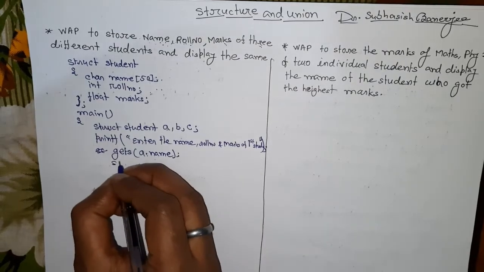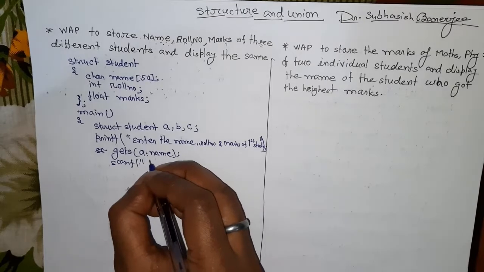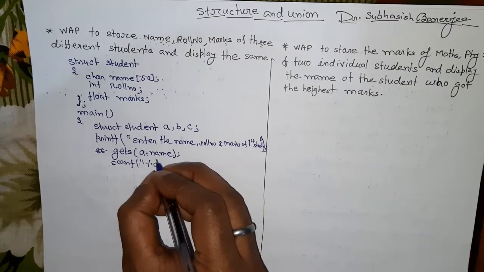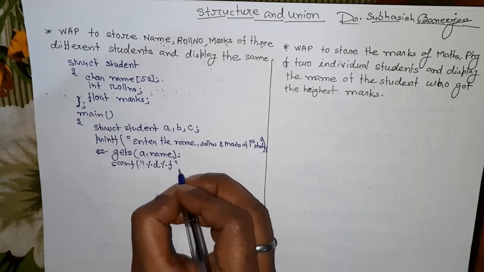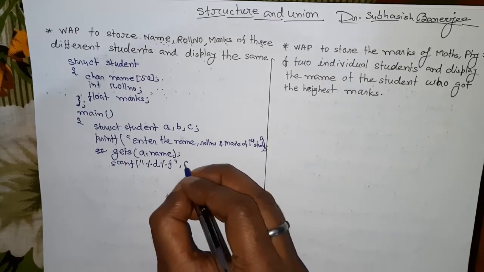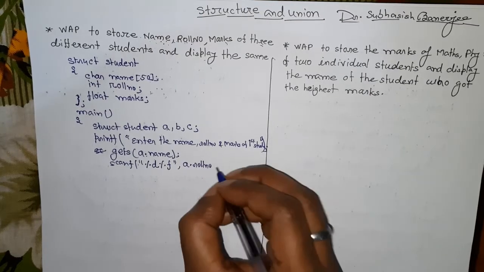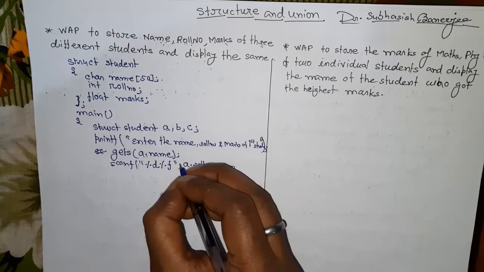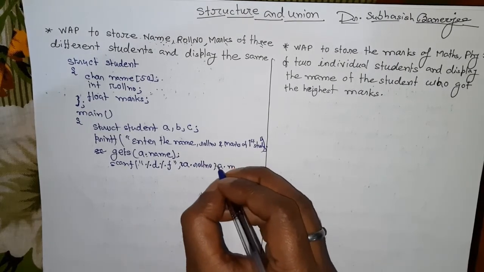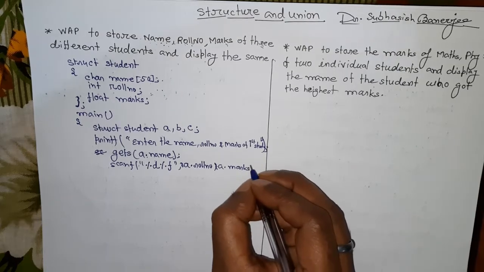Next, to get the rest of the inputs, we take the roll number, which is integer, so percent %d, and the marks, which is floating type, so percent %f. So here we specify ampersand a dot roll number. Similarly, ampersand a dot marks.